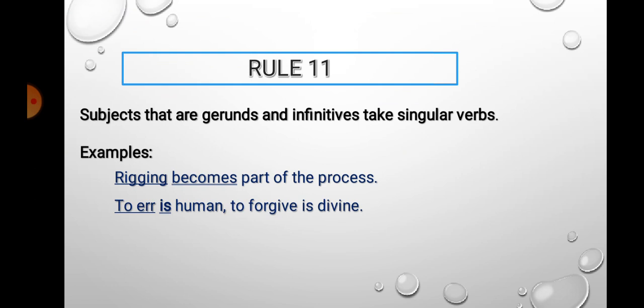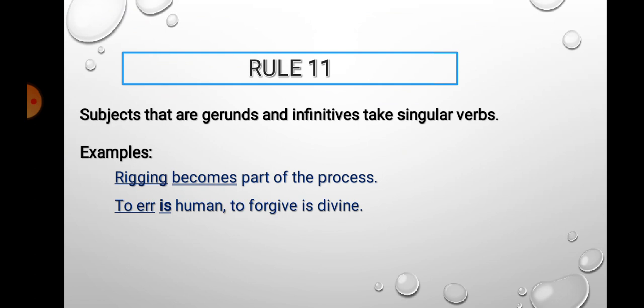Infinitives are the base form of the verb to which the preposition to is added. So when you have go, for you to form an infinitival subject, you just have to add the preposition to. So you can say to go is not a problem. To err is human. So our example here says rigging becomes part of the process. Rigging is singular and is a gerund, whereas becomes is the singular verb.